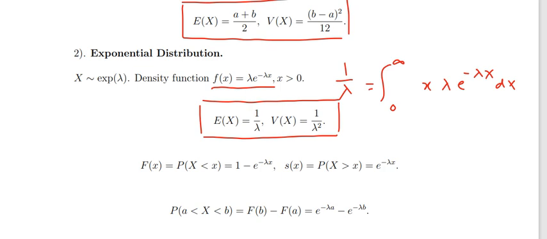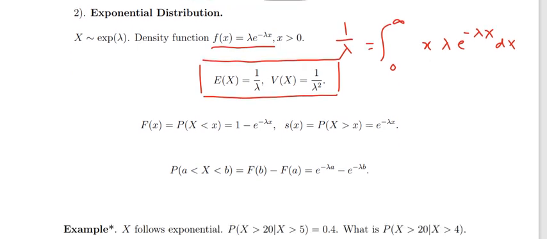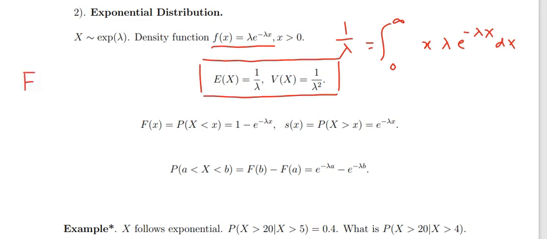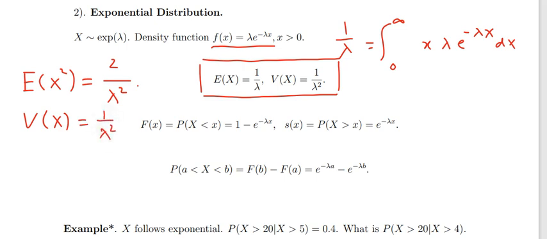For the variance, maybe we can have this, x squared, which equals this. We can also use this formula. So variance equals 1 over lambda squared, and x squared is this.